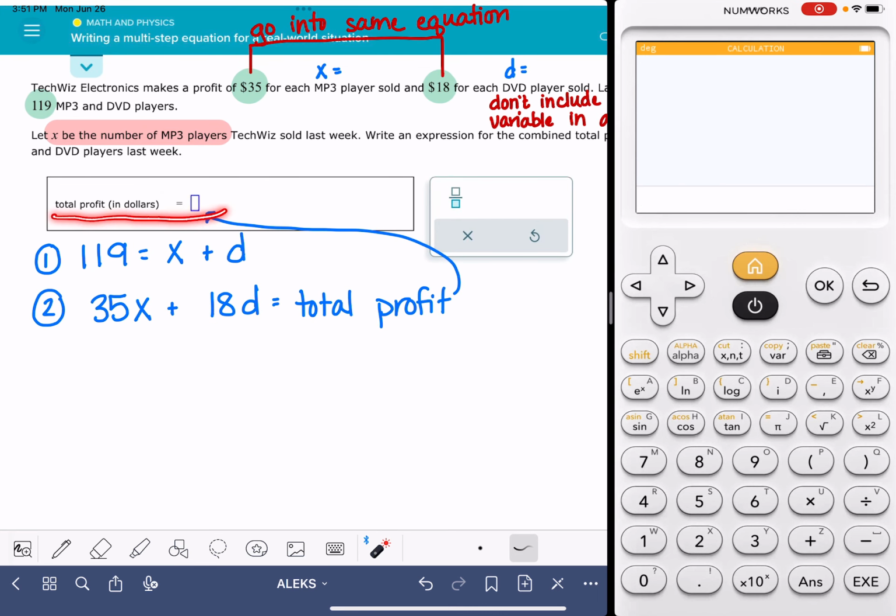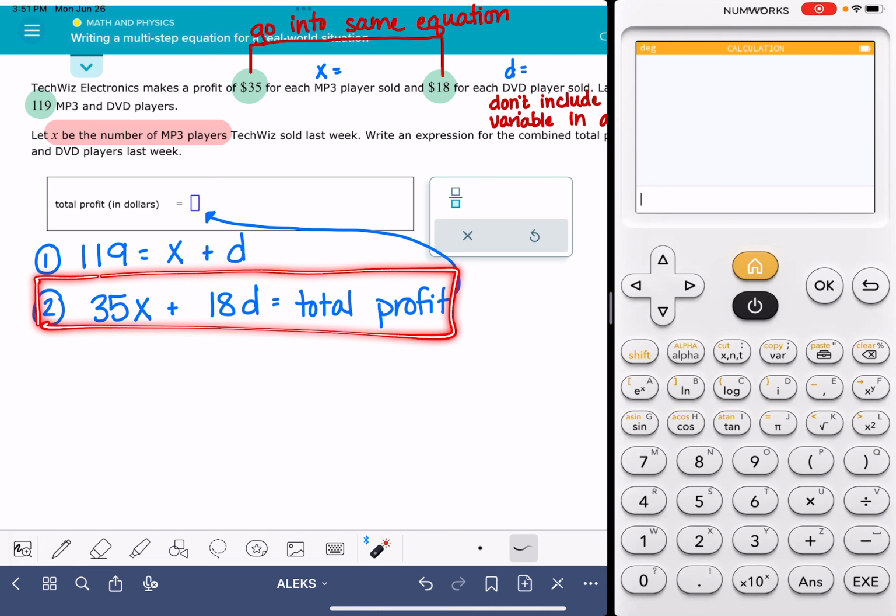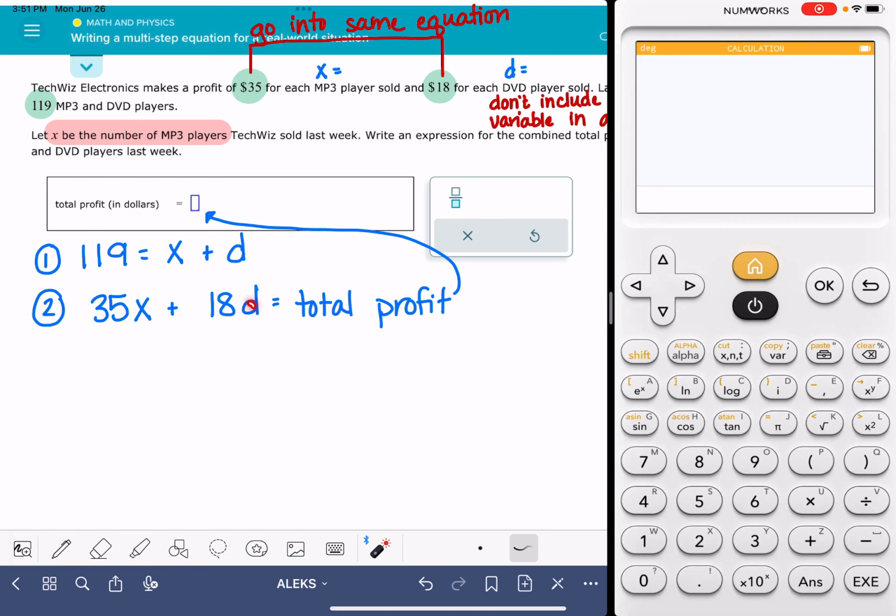So even though I have come up with an equation for the total profit, 35x plus 18d equals total profit, I can't use the equation in this form in the answer because it's got that variable d that I am not allowed to use. So to get rid of this variable d, I'm going to take my equation number 1 and algebraically manipulate it to solve for d.